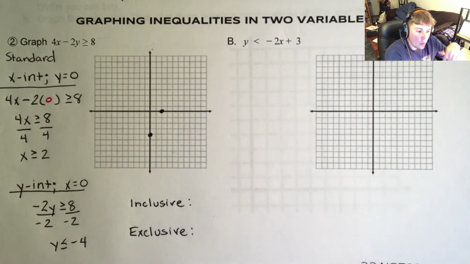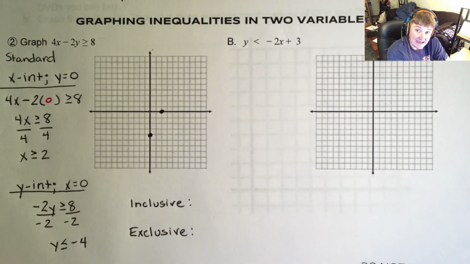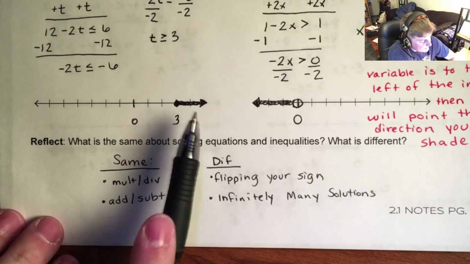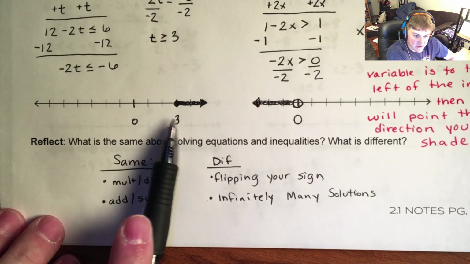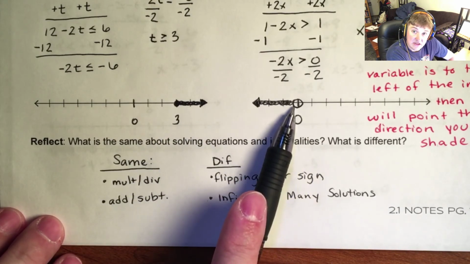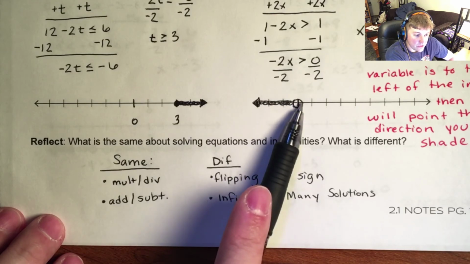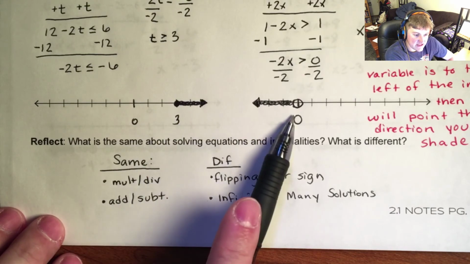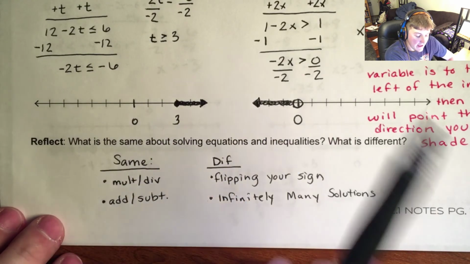When it's a closed dot, when we're doing one variable, for example, if we look back here, when it is a closed dot, that means that 3, in this example, is included in the solution set. As opposed to when it's an open circle, that means it's not included. So this would be an example of this boundary number being inclusive in the solution set, and this is an example of the boundary number being exclusive to the solution set.